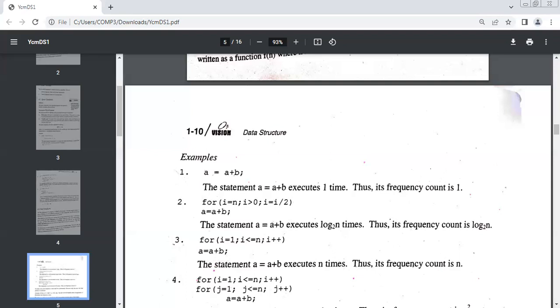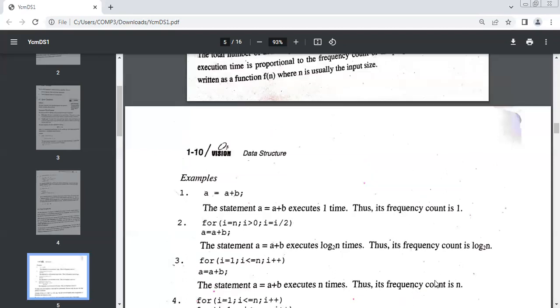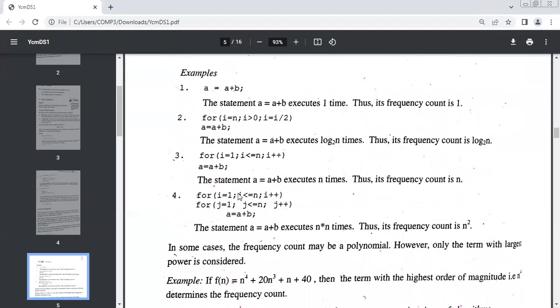So the total frequency count of this statement is n. Okay, now this is another example. Here are 2 for loops which execute n number of times each. So the statement A is equal to A plus B executes n into n times. So the frequency count for this statement is n square.